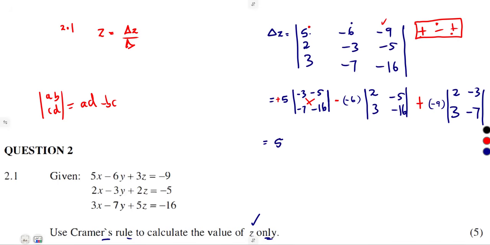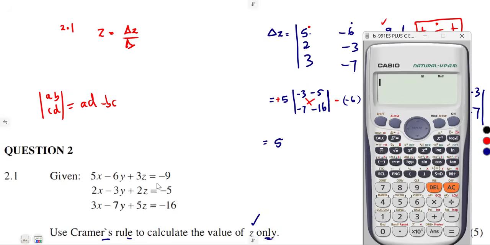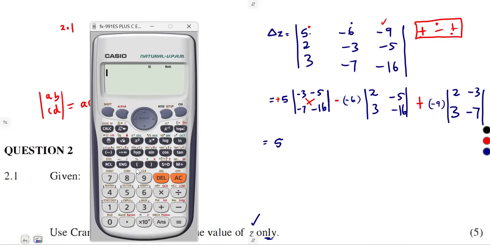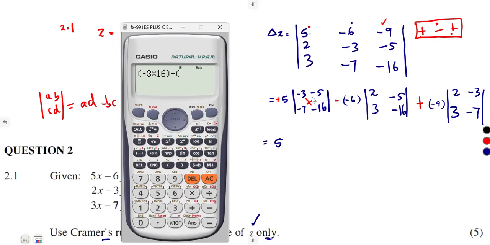Let me just use the calculator directly, or you can just indicate that stage. So you multiply like this: -3 times 16, close the bracket, minus the minor diagonal, which is BC, -5 times -7.